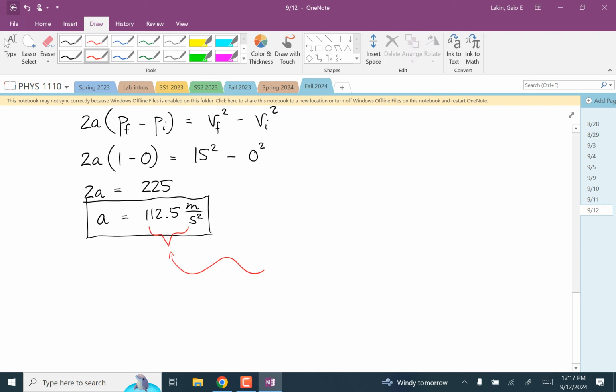So divide this by 9.81, and you get about 11.5 G's. So that's my reaction to that. I'm going to think maybe we don't have to shoot him over the elephants or whatever. Maybe just a little closer.